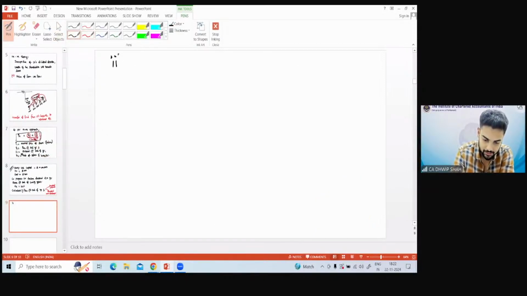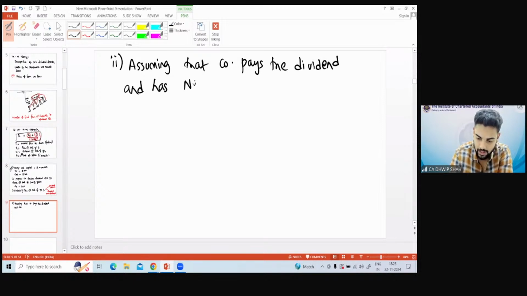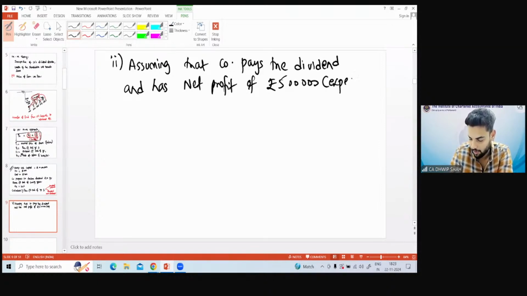Second part. Assuming that company pays the dividend and has net profit of rupees 5 lakh. This is expected net profit at the end of year one.